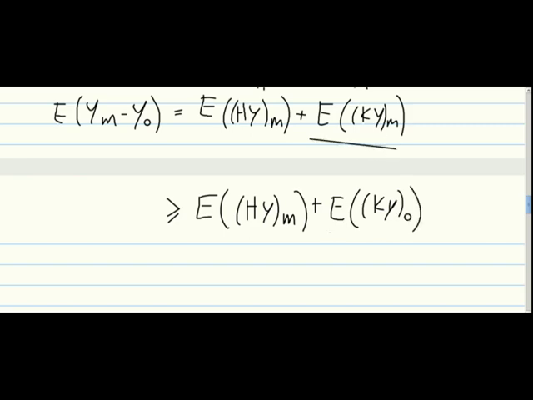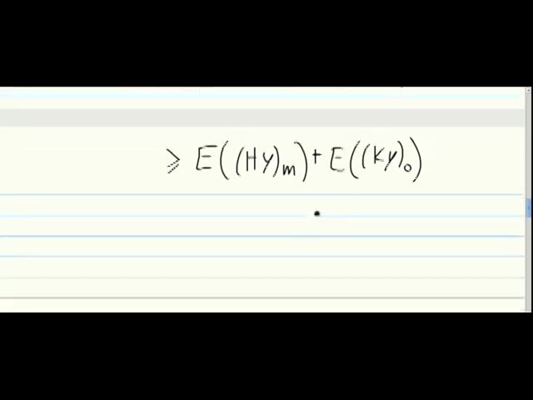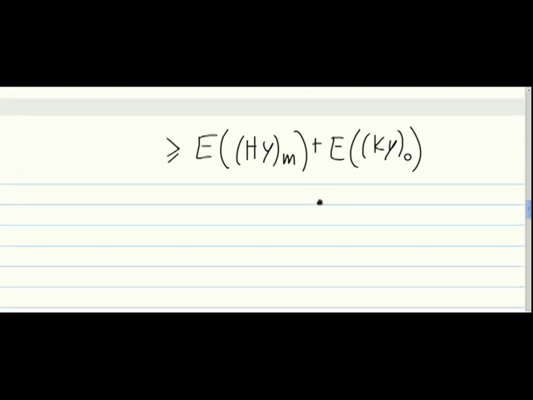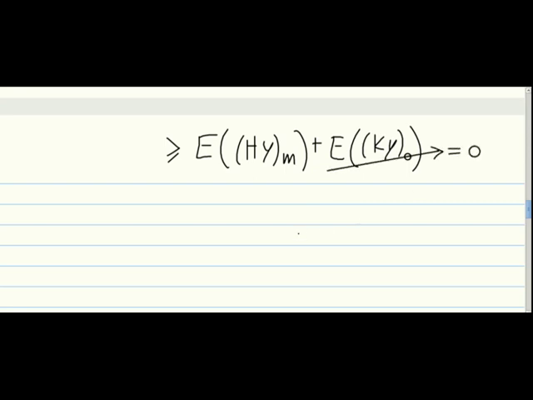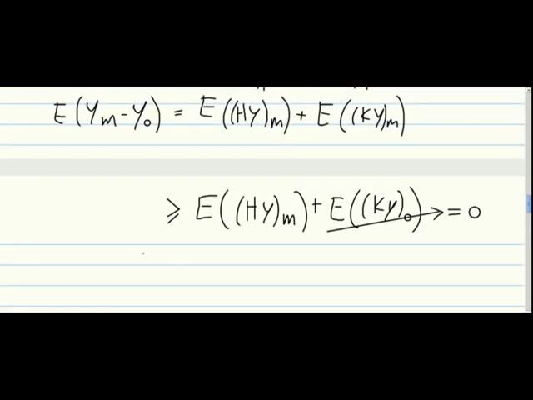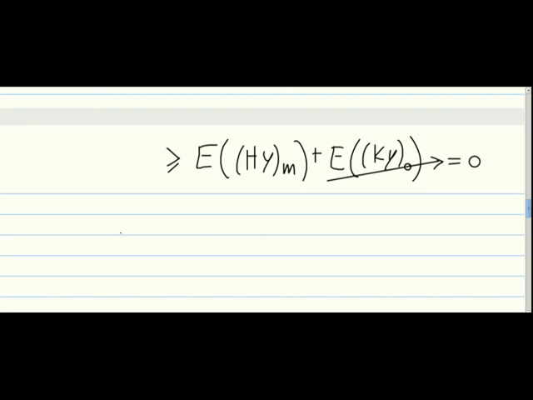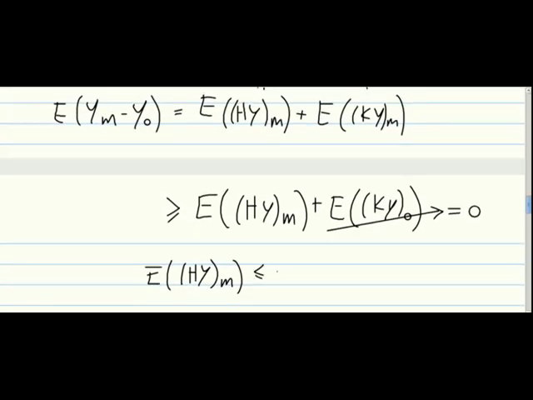So this is bigger than this by the fact that K·Y is a sub-martingale. Every stochastic integral at time 0 is exactly equal to 0. If you remember the definition of the integral of a martingale, at time 0 it's exactly 0. So what we are obtaining here is that the expectation of (H·Y)_m is smaller or equal than the expectation of Y_m minus Y_0.